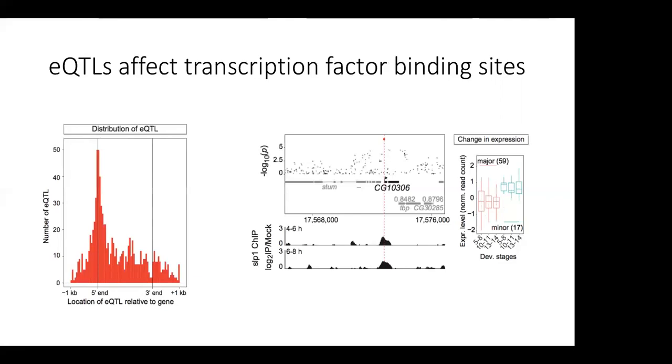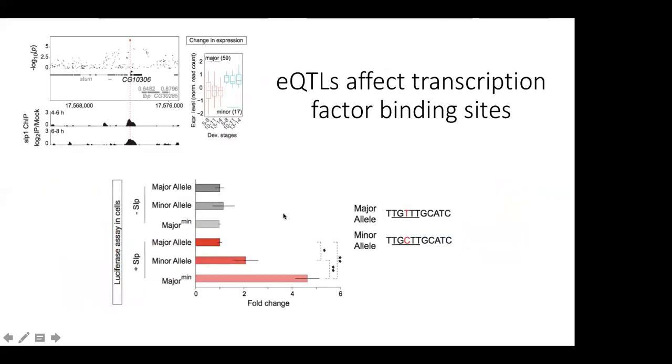So in order to see if this was actually the causative SNP or the causative element, what we did was again a luciferase assay in Drosophila S2 cells. Fortunately, the S2 cells do not express sloppy paired, so we had to co-transfect it together with the control and enhancer vectors.